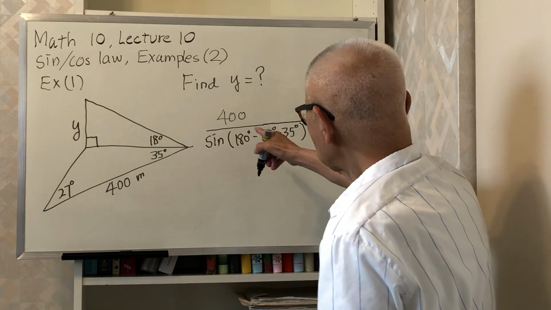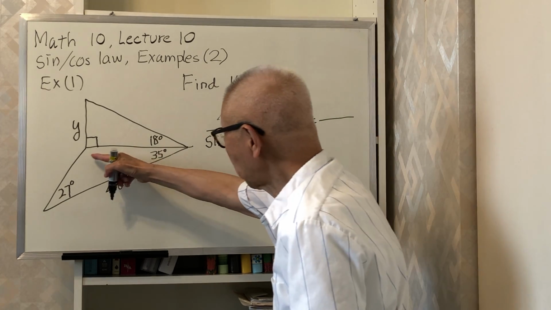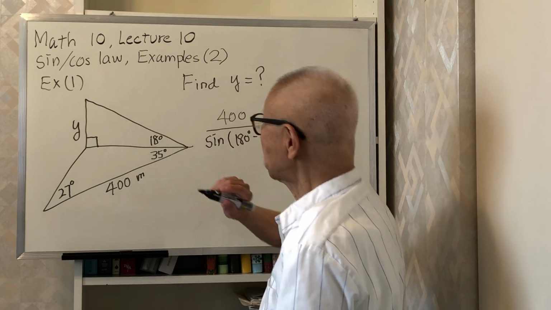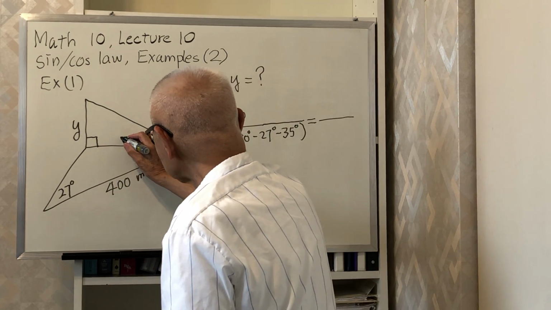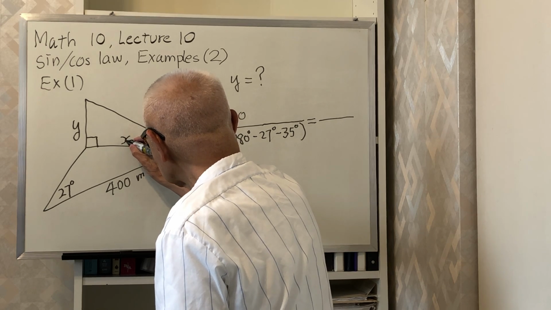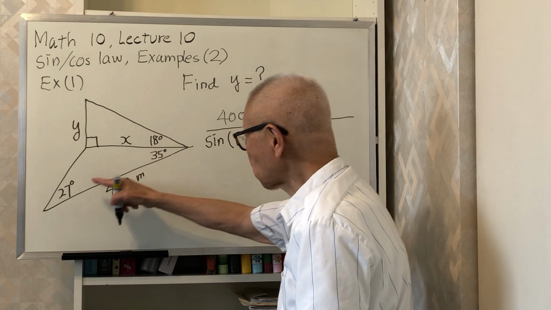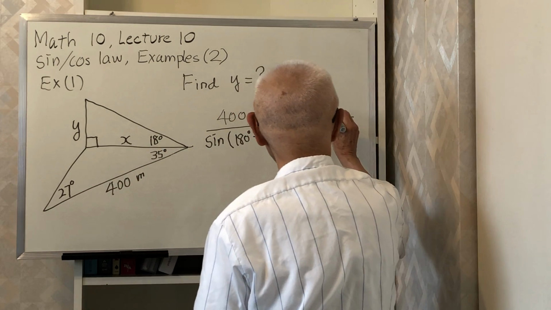So this is my sine law: 400 over sine of this angle is equal to this side. Let me label this side as x, divided by sine of 27 degrees.